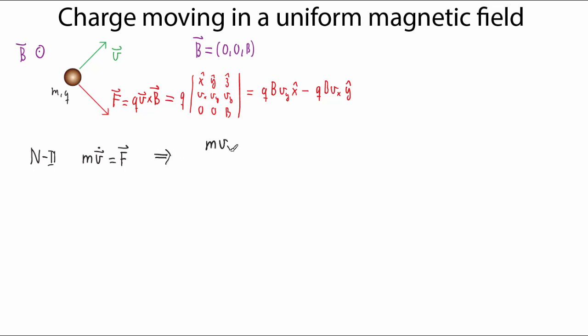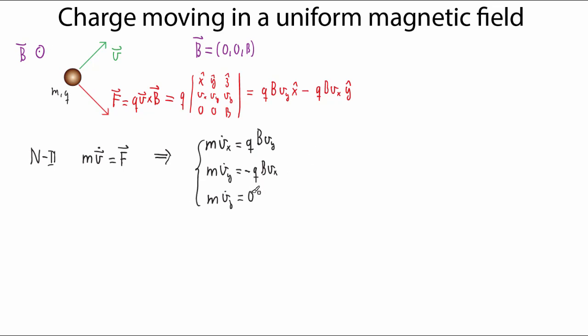So we get, just by reading off this, the force only has components in the x and y direction because we're taking the magnetic field to be purely in the z direction. And then we get this.